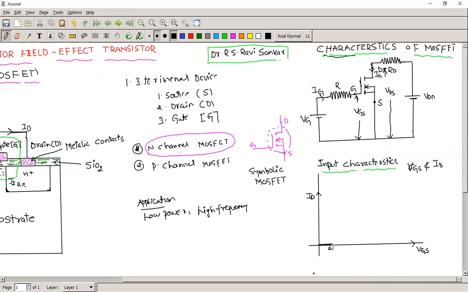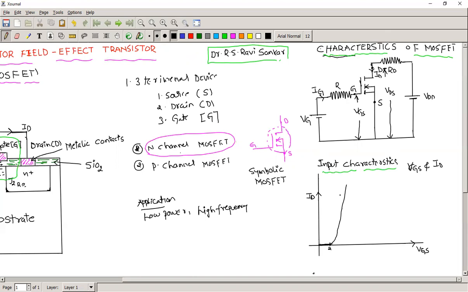Whenever this gate voltage is more than this voltage, then the MOSFET is on. Once the MOSFET is on, the drain current will increase. It is almost a diode characteristic.